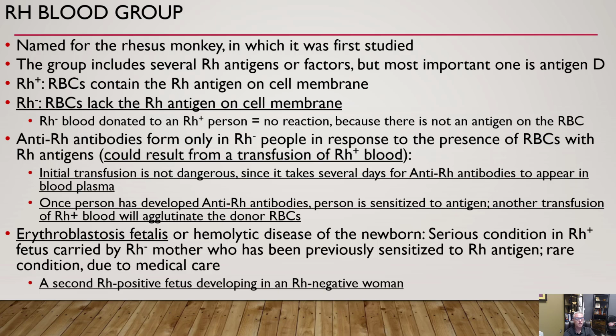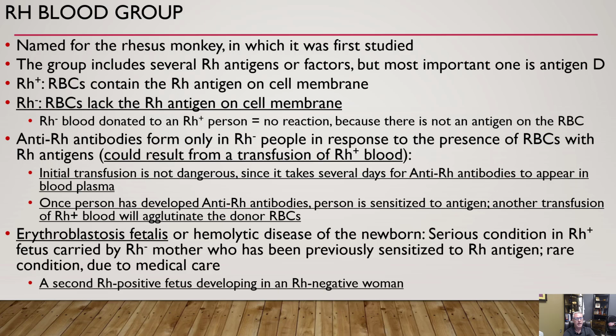So if we say that you're AB positive or O positive, you have this D antigen on your cell membrane. If you're Rh negative, that means you do not have this antigen D on your cell membrane.